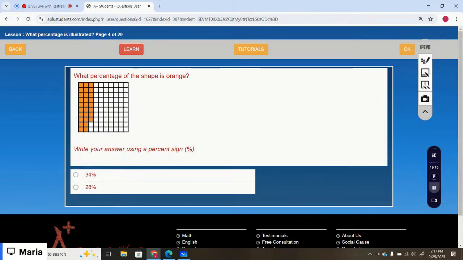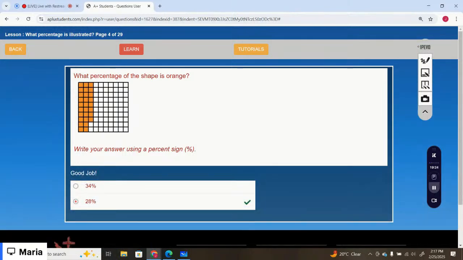What percentage of the shape is orange? That is 28%. Option number 2 is the correct option.